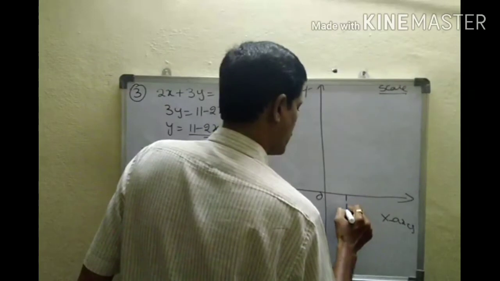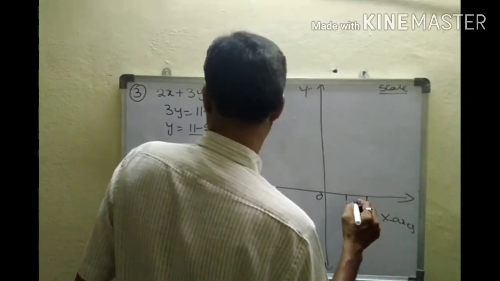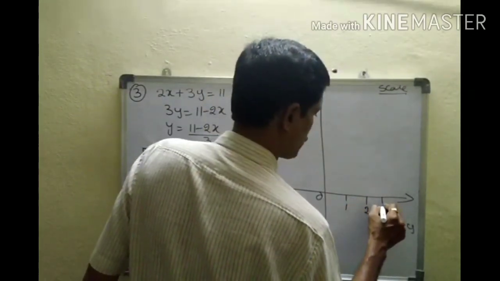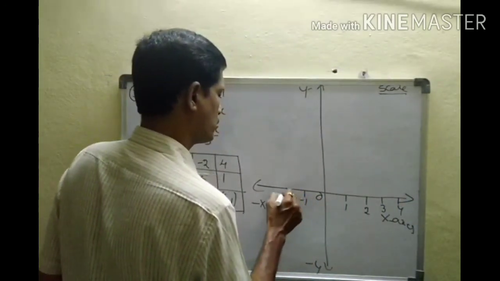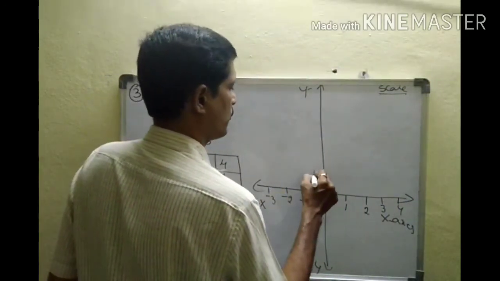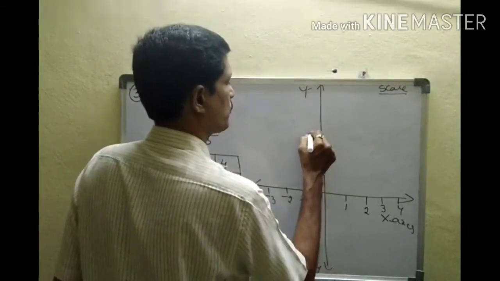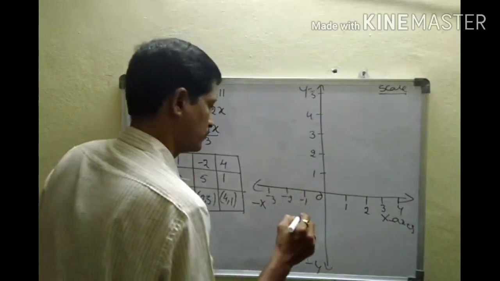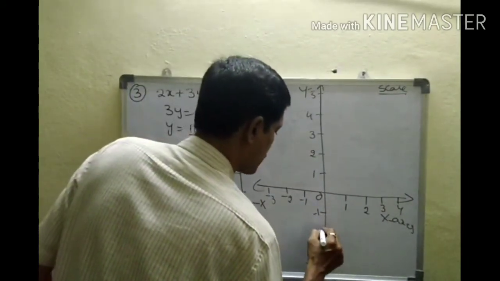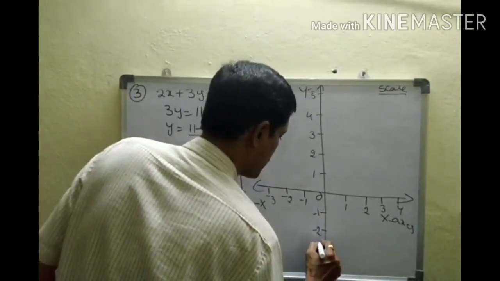Here 1, 2, 3, 4, minus 1, minus 2, minus 3, 1, 2, 3, 4, 5. Here minus 1, minus 2, minus 3.